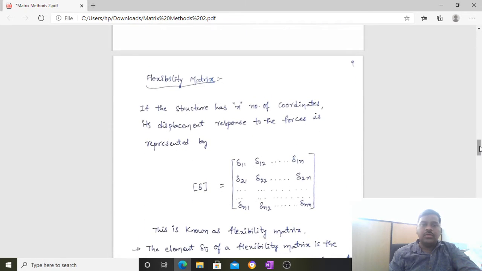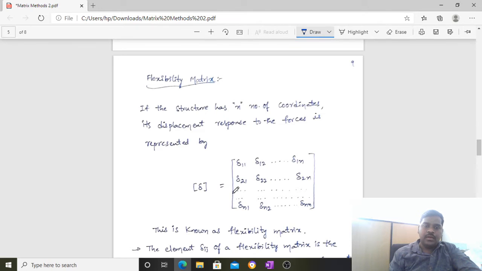So coming to the flexibility matrix, if the structure has n number of coordinates, its displacement response to the forces is represented by delta is equal to delta 11, delta 12 and delta 1n, delta 21, 22 and 2n, delta n1, delta n2 and delta nn.